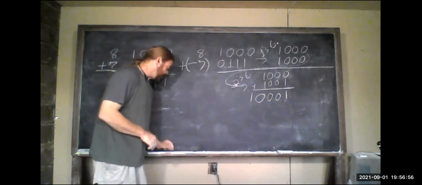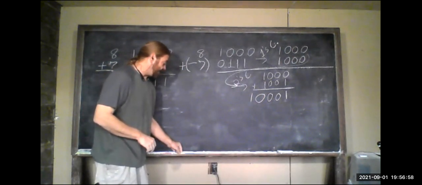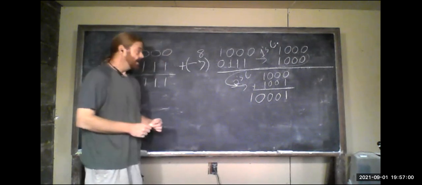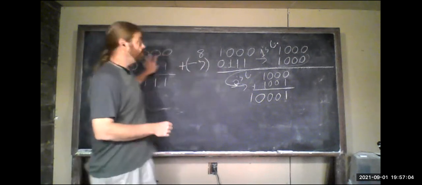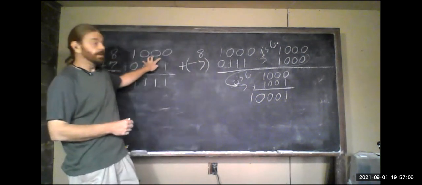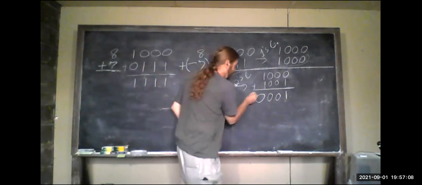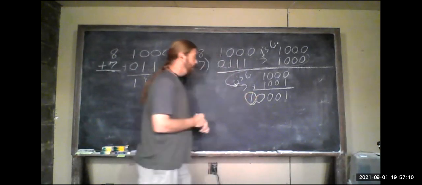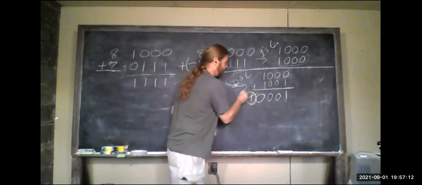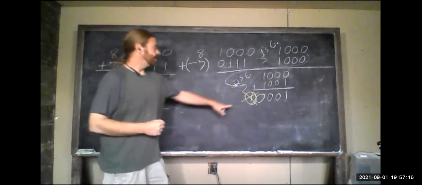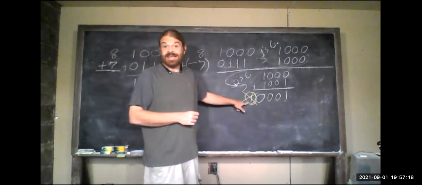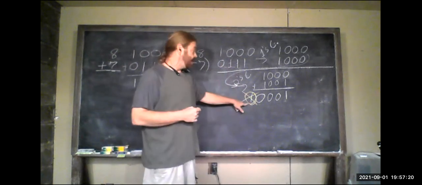That looks like too big of a number if we take 8 minus 7, right? But remember, we're working in 4 bits here. So this 5th bit just gets discarded. For purposes of this class, we'll say this bit gets discarded.